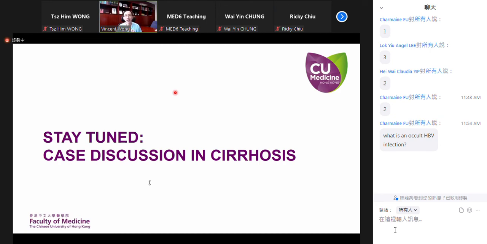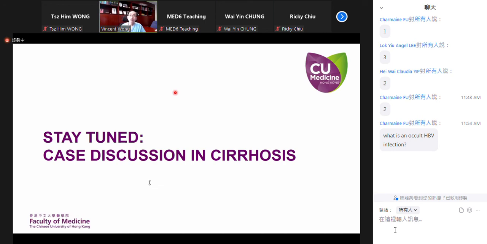And therefore, the most common way of suggesting this diagnosis would be for a patient with negative surface antigen, but positive anti-hepatitis B core antibody, because this is a marker of prior infection. And you can assume that a proportion of these individuals may still carry the occult infection.